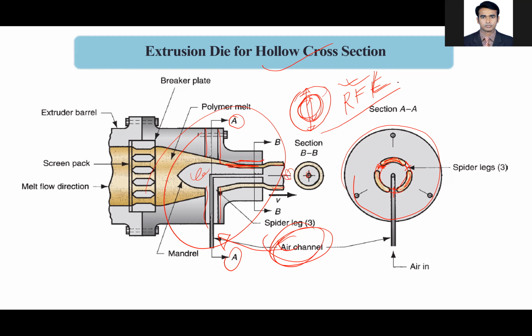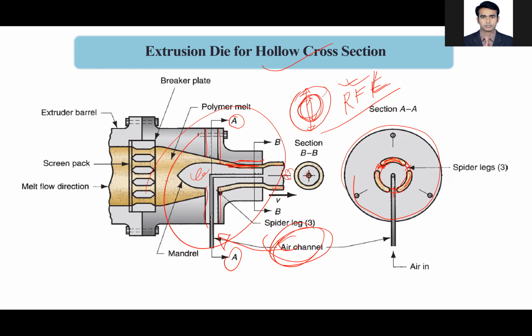Sir, I have a question regarding the air channel. Is it important to have any air treatment plant, or just using the atmospheric air as a pressure fluid? Actually, the plastic is not that reactive to the air. It depends on the plastic actually.